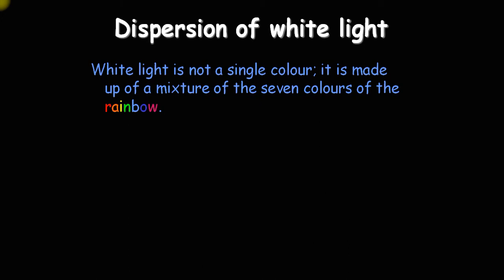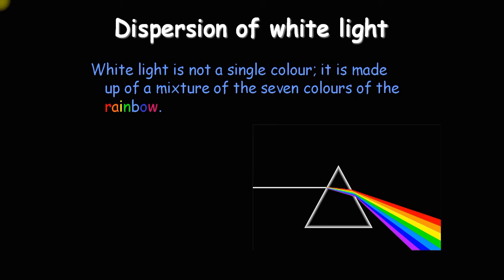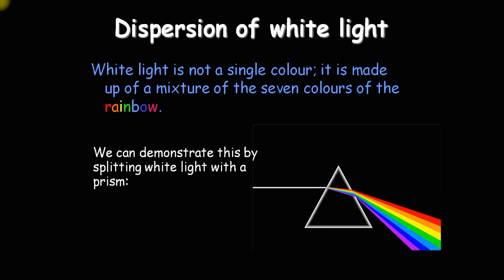Okay? Now, dispersion of white light, what does that mean? White light is not a single color at all. It's made up of a mixture of 7 colors. That's the colors of the rainbow. And for you to see the colors clearly, you need a prism and a source of white light.